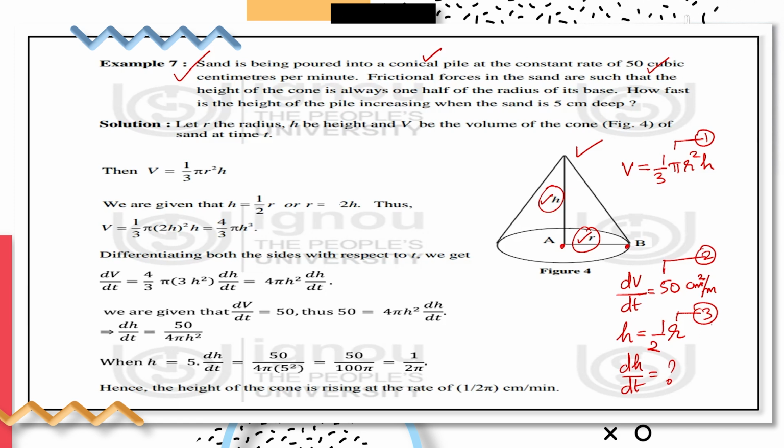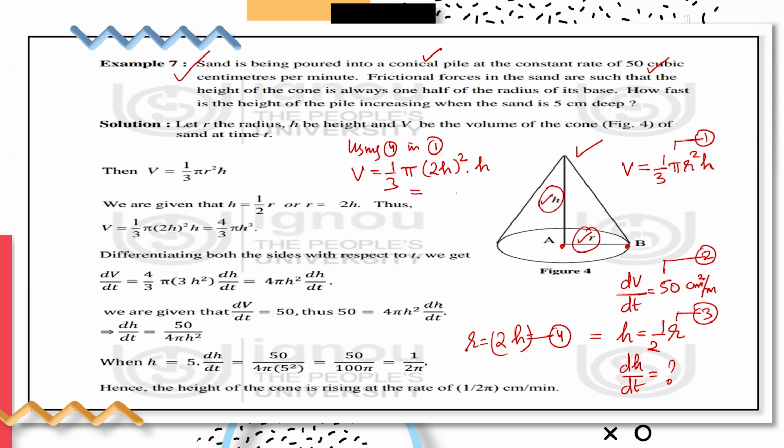So using equation number 3, h is equal to r by 2. So r is equal to 2 times h. This is equation number 4. So using equation 4 in equation 1, you can write that V is equal to 1/3 pi into 2h whole square into h.